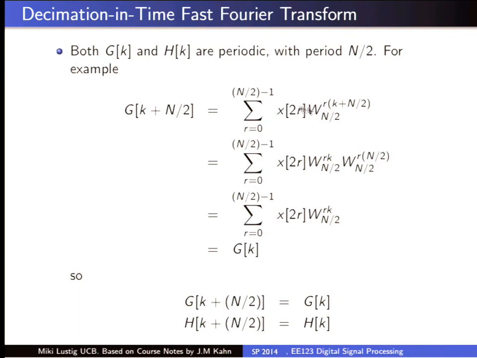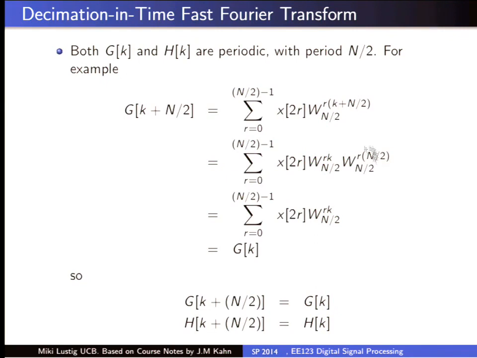And w to the power of r, k plus n over 2. So now, from here, I can effectively just look at this component, which is r times k, and then I have w to the power of r, n over 2.